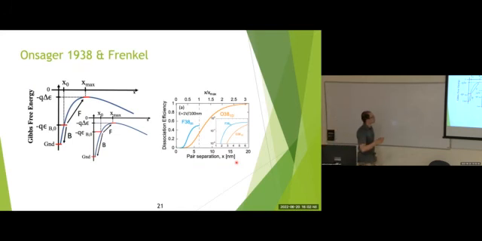Now, as I said before, the Onsager 38 and Frenkel models were for the same system, but with different scenarios. So here is our contribution: to bridge this gap between these two models. First we need to take the Frenkel model and expand it.